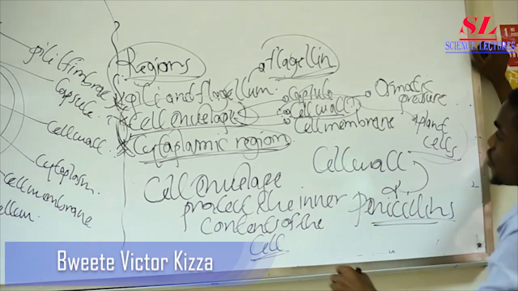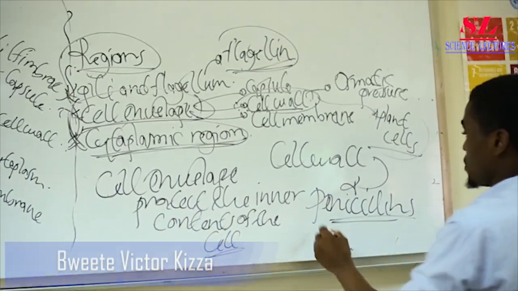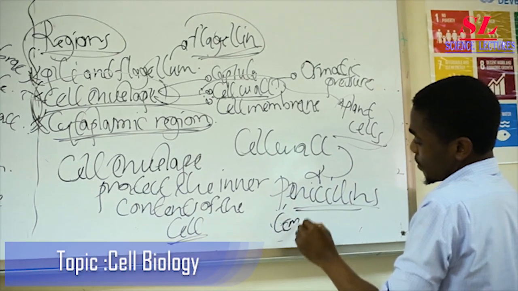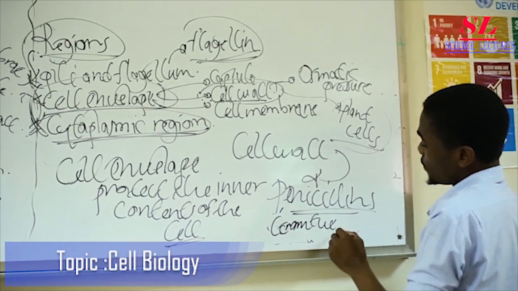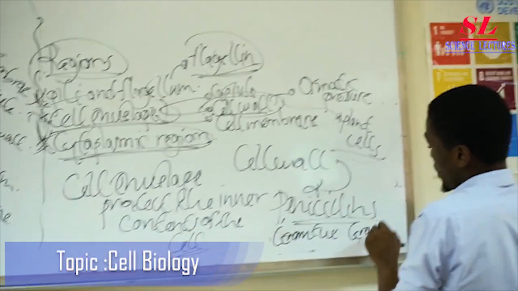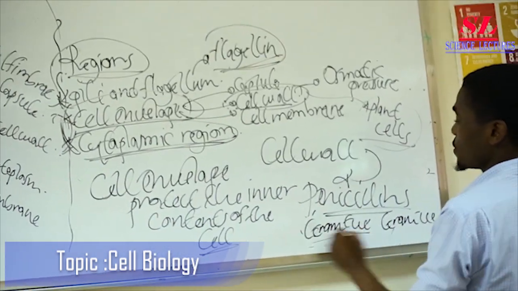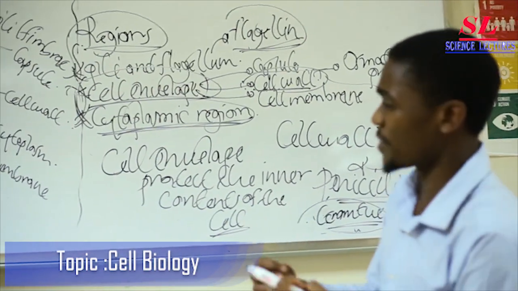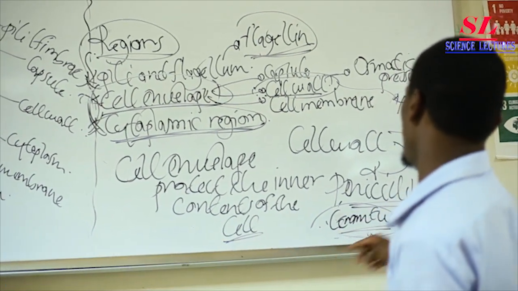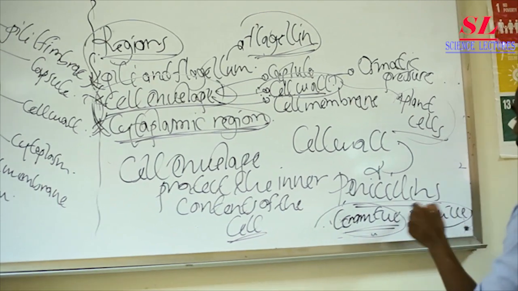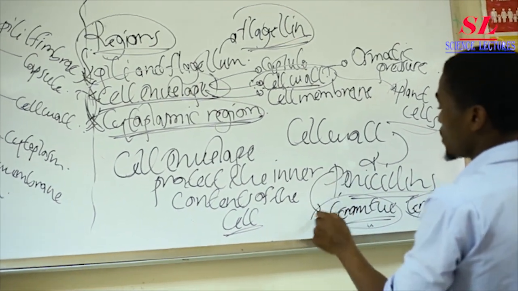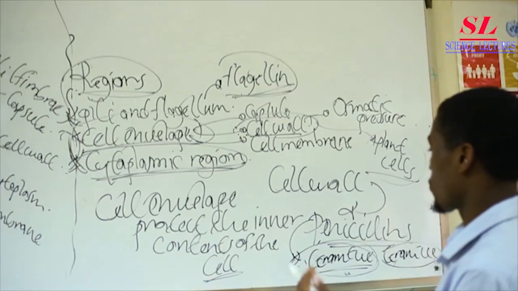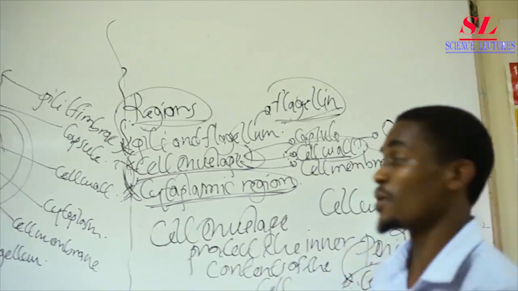Because we need to know if our bacterial cell is gram positive or gram negative. Gram positive bacterial cells always have a thick cell wall, and gram negative ones always have a thin cell wall. That is why penicillins work better on gram positive than gram negative bacteria.